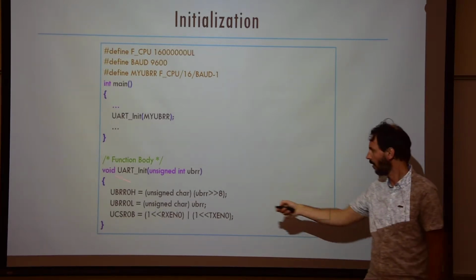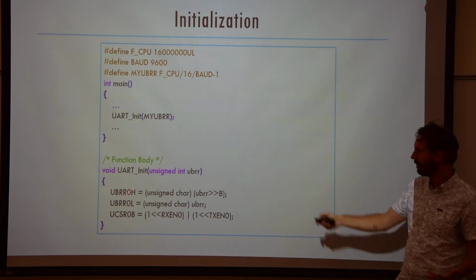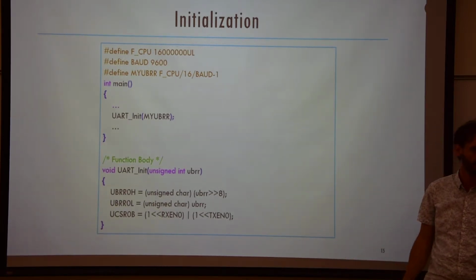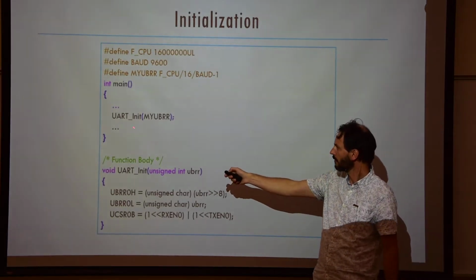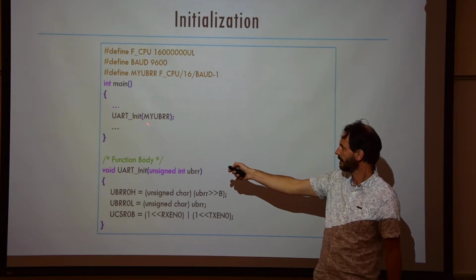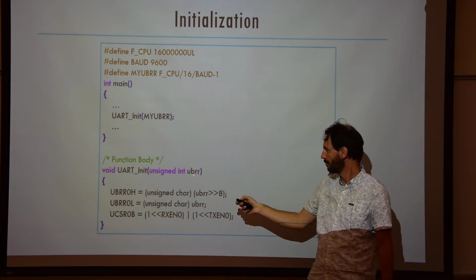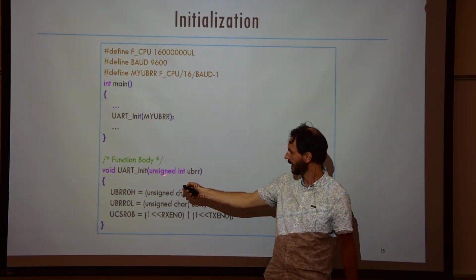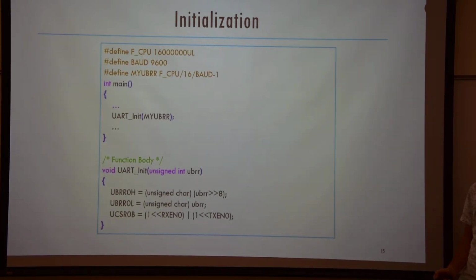You could put all of this also in your actual main code, but if you do it like this, then you can reuse this function across all your assignments where you need to initialize your UART. So I'm going to create a special procedure that takes as input this particular value. So it takes as input UBRR, that is what we see here. We see here unsigned integer, so the integer is represented as a positive integer without a sign.